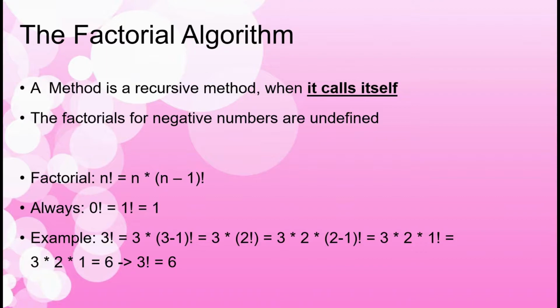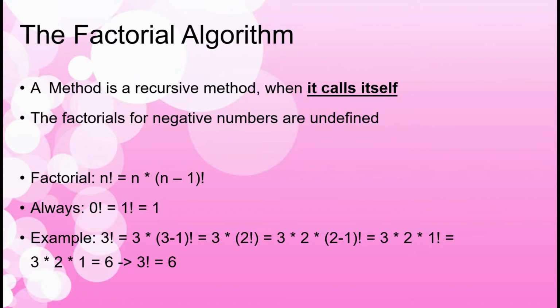For example, if you have the factorial of 3, then you have 3 multiplied by 3 minus 1 factorial. This means 3 multiplied by 2 factorial, because 3 minus 1 is 2. And then you have 3 multiplied by 2 multiplied by 2 minus 1 factorial.